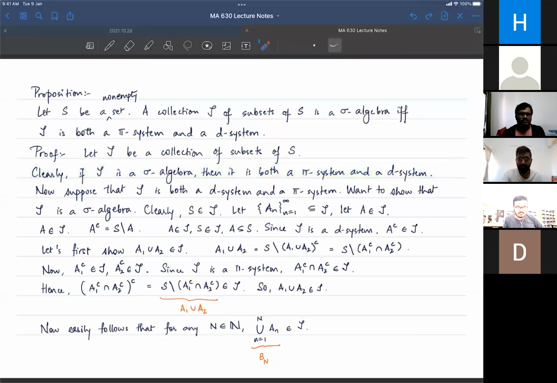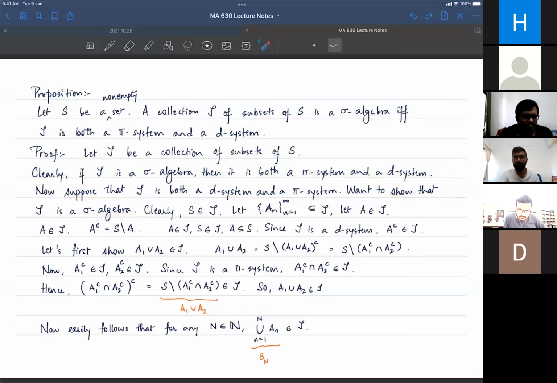Okay, so now what do we want to do? Now, suppose that script S is both a D system and a pi system. We want to show that script S is a sigma algebra. All right, one thing at a time.